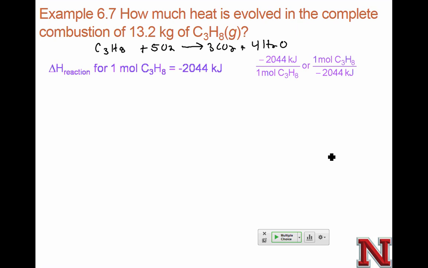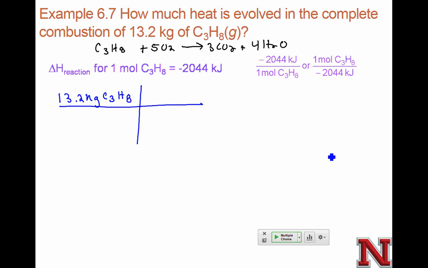So we know we have this much heat given, negative 2,044 kilojoules for every 1 mole of C3H8 burned. Now we are starting with 13.2 kilograms. So of course we can relate that to moles because we can figure out the molar mass. So we know we have 13.2 kilograms of C3H8.